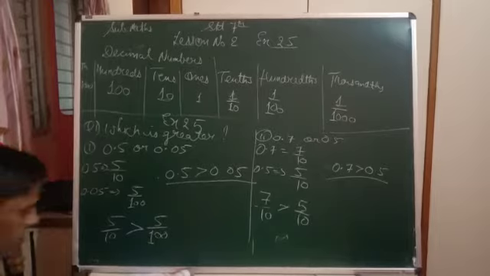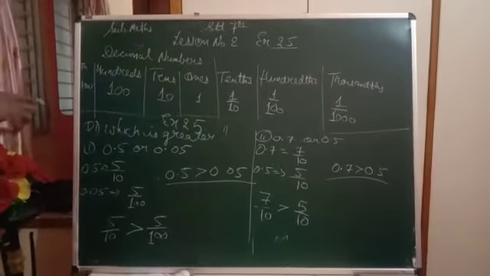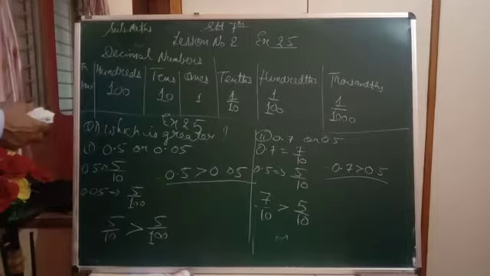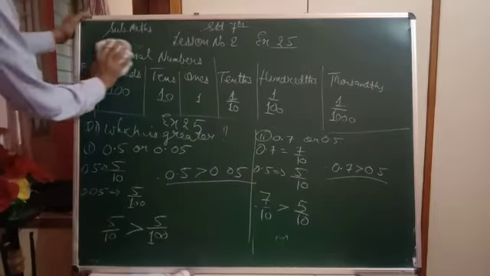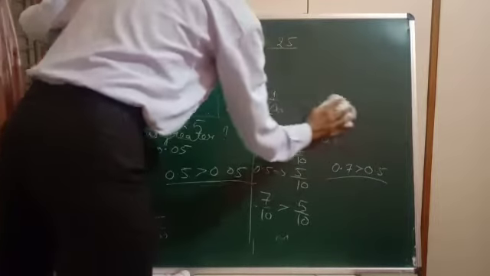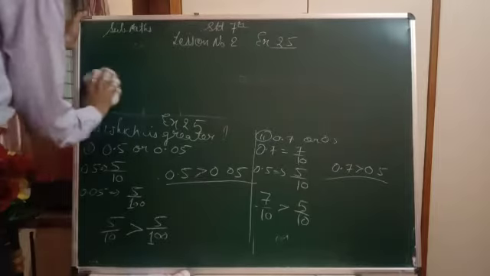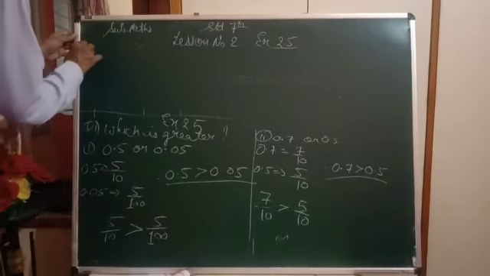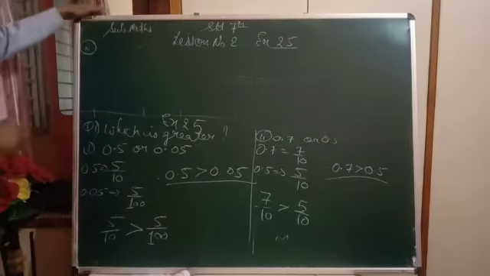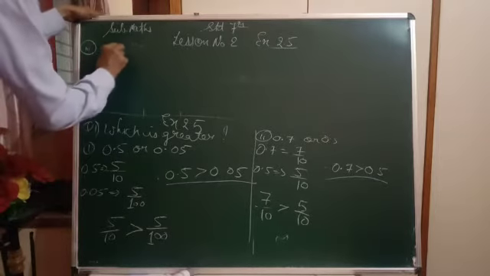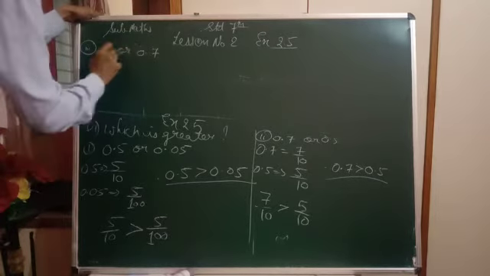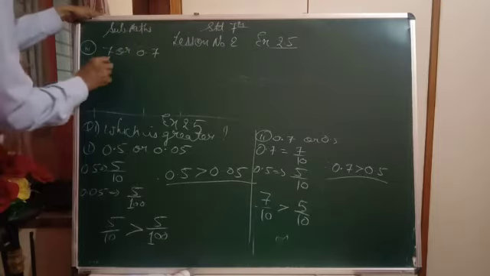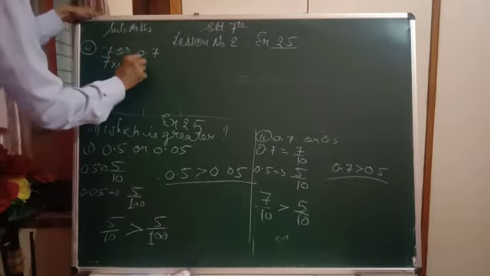Okay. Next sum, third sum. You have to take this screenshot and write it in your notebook. Third question: 7 or 0.7. We are comparing. 7 is at the ones place, so 7 ones are 7.